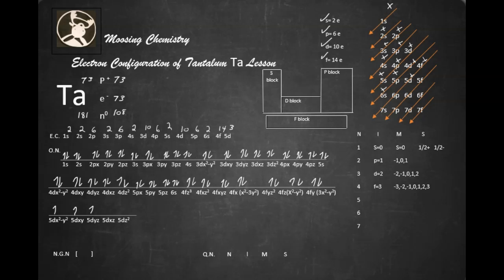Okay, now we look on the periodic table. What's the nearest noble gas to tantalum? It can't be radon because that's after it, so it has to be xenon. And now, like in our other videos we've been shooting lately, xenon actually ends in 5p6, right?